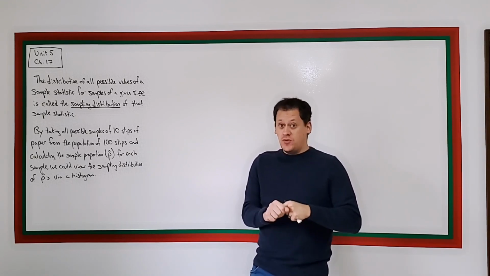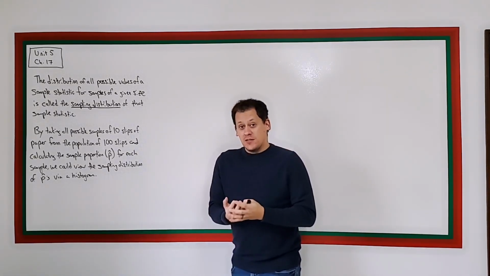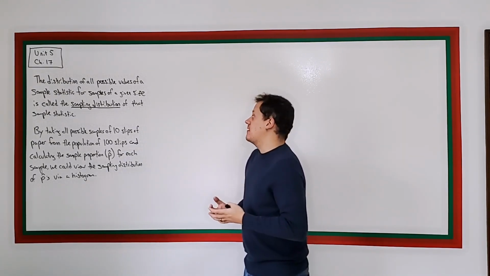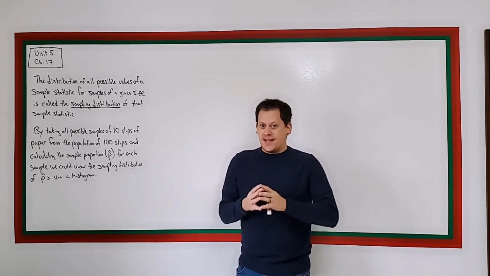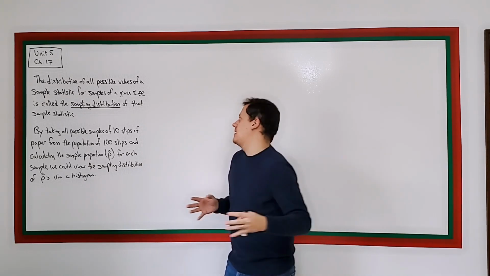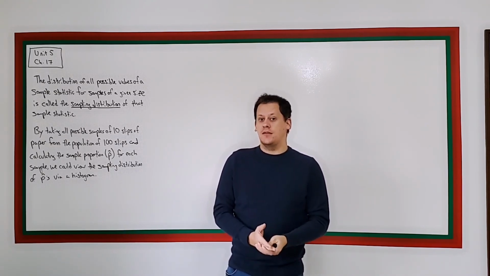You can do this for any statistic. The distribution of all the possible values of that statistic for samples of a given size. So the sample size has to be the same for all those samples. That's called the sampling distribution for that sample statistic.